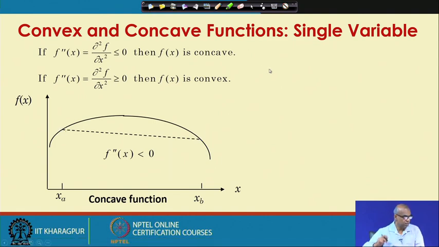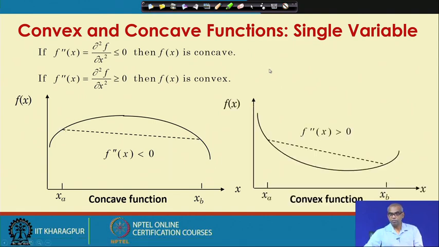Now, let us look at the convex function. For a convex function, the second derivative is greater than 0 for a strictly convex function. Again, if you take any 2 points on the convex function and join them by a straight line, the line will always lie above the convex function.